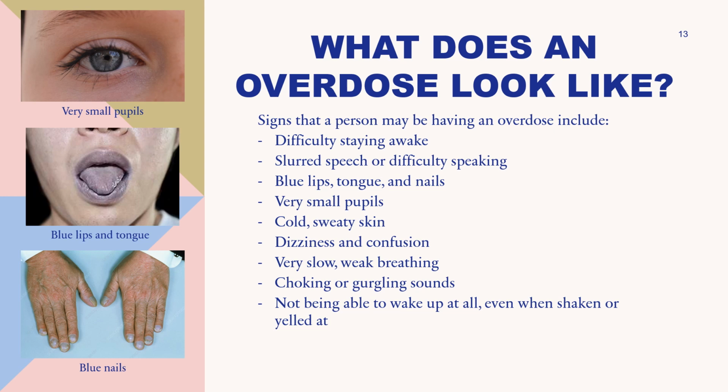They might start to be really dazed and confused. And they could start to have choking sounds and very, very slow breathing. And eventually, if this keeps going, they could not be able to wake up at all, even when you're yelling at them or shaking them, and eventually they could stop breathing.